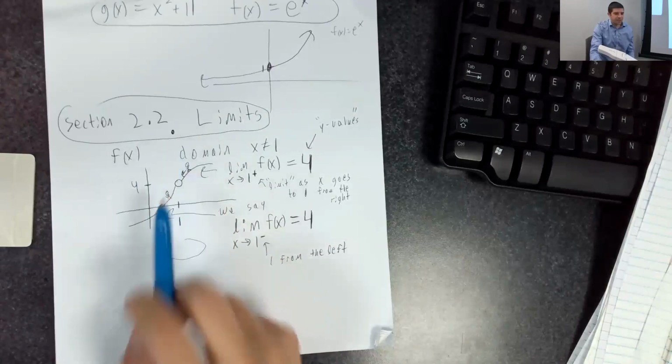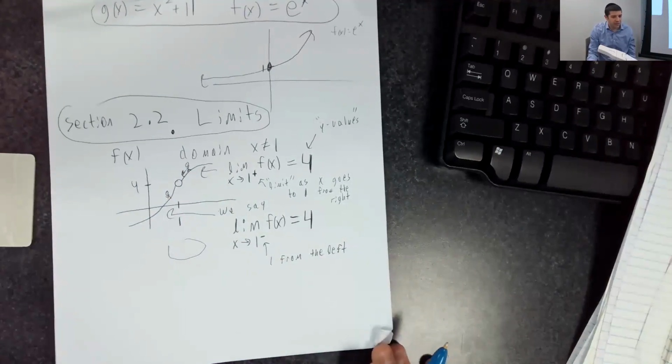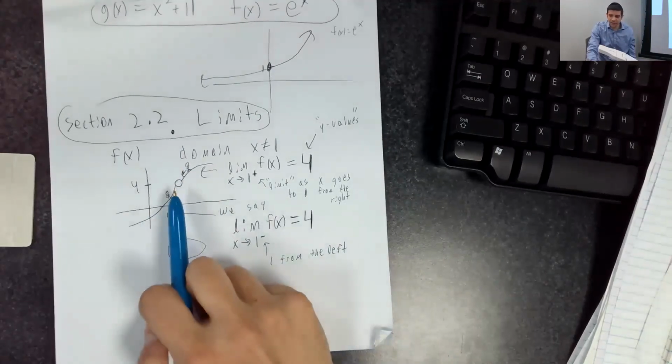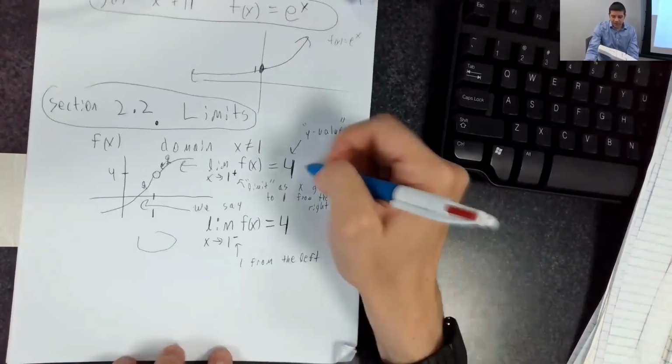So limits are kind of predicting what's happening left and right. They're detecting a pattern. You're looking at the pattern of y values on the right, and the pattern of y values on the left, and you're predicting that pattern for those y values. So these y values are going towards 4. Notice that they match.